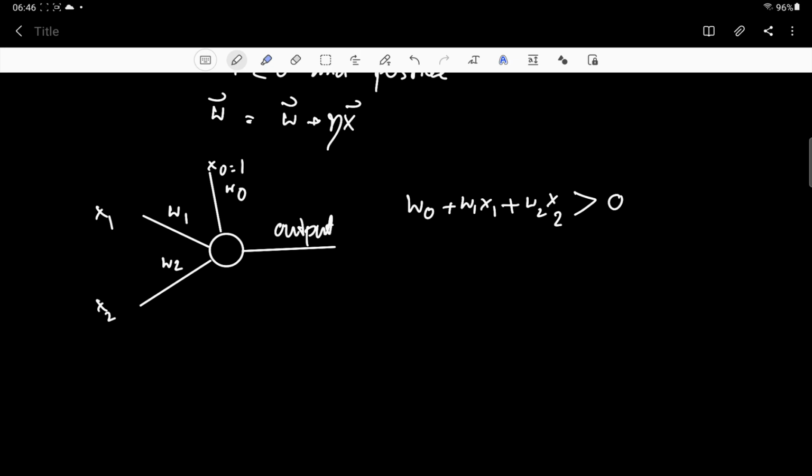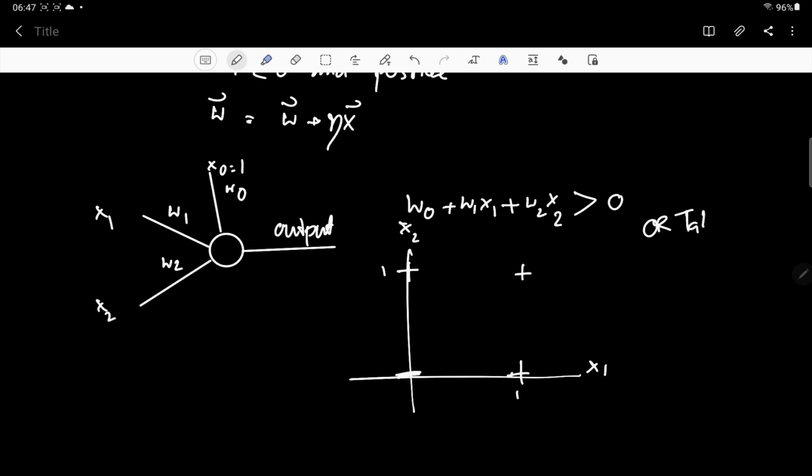Now we are in the space of input, right? In the space of input, we have x1 and x2. If we talk about the OR operation, this is 1, this is 1, so this is positive, positive, positive, and this one is the negative one. This is the OR table.